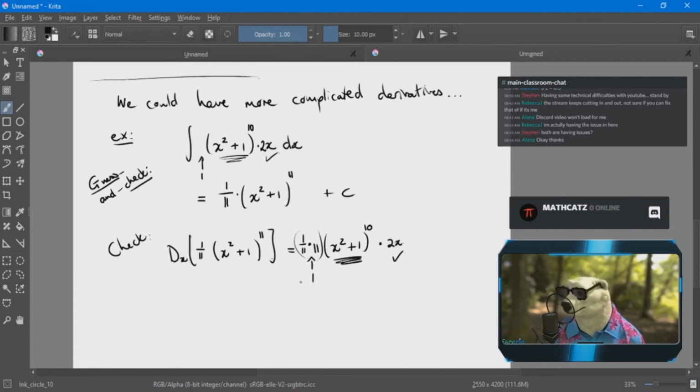And that's all I want to do today. Just getting used to reversing the chain rule and why there are 2 things in my target. Because the chain rule creates 2 parts. So when I come up with a function of a function as my antiderivative answer, the derivative target that I'm aiming for should have 2 parts.